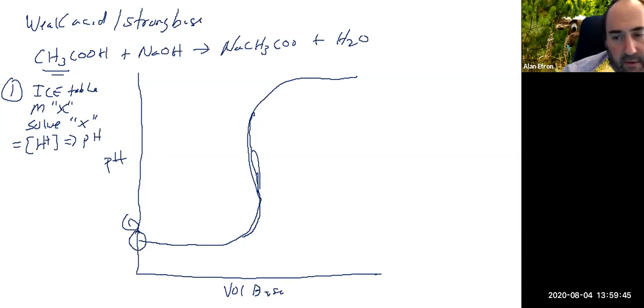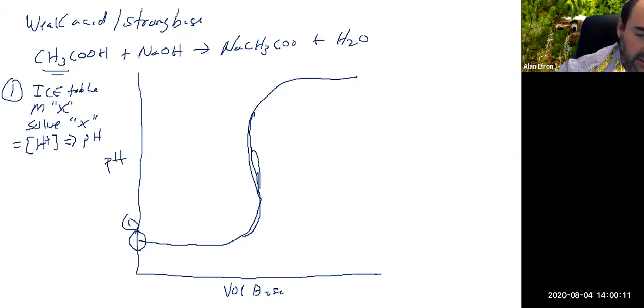So it's a little bit more work at the beginning of the titration. You can use molarity because you haven't added anything yet. Once you figure out what X is, that should be your H plus concentration, and then you could go into your pH equation.